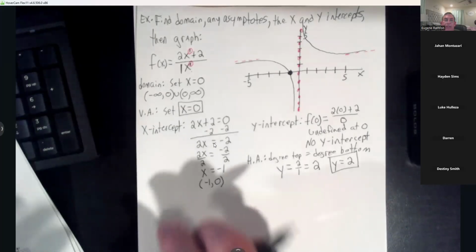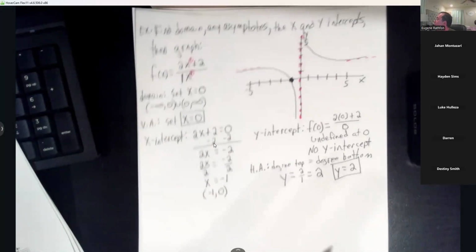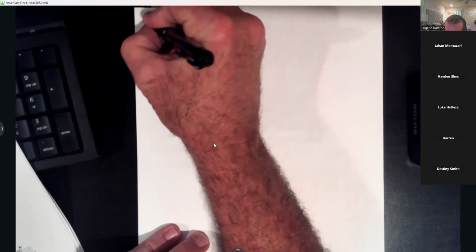Okay, so this next one, we actually got to put in the asymptotes, okay, as the answer. But y'all, I'm going to show you how you get what we call a hole in the graph. So, check this out.